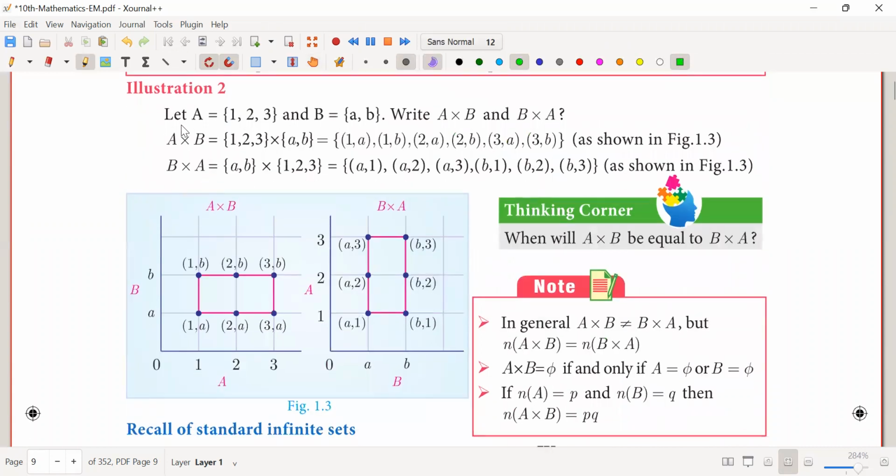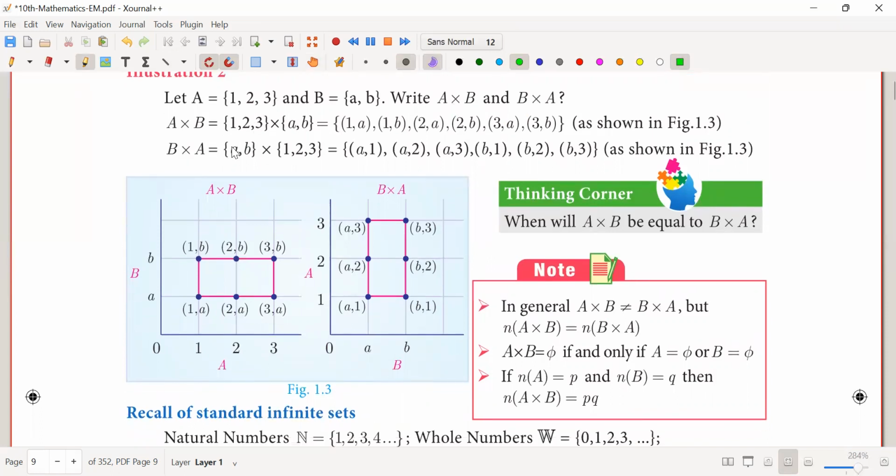Okay? So here in the second illustration, we have A and B. We have to write the Cartesian product of A cross B and B cross A. A cross B would be (1, a), (1, b), (2, a), (2, b), (3, a), (3, b).